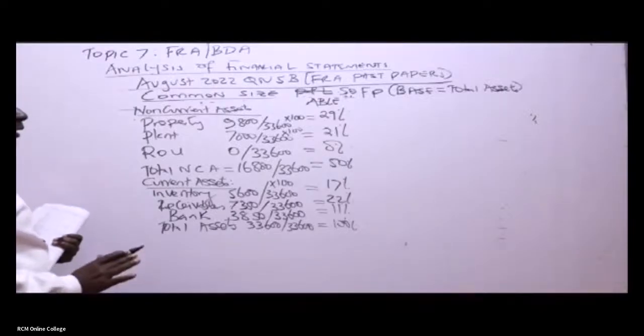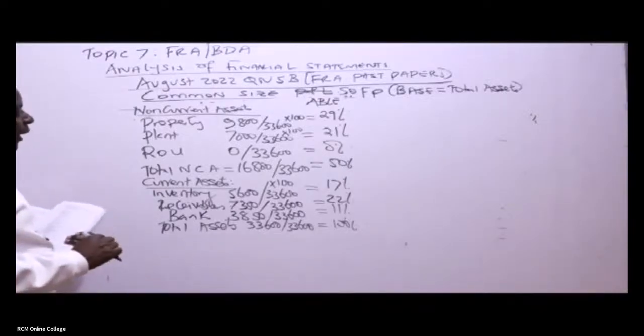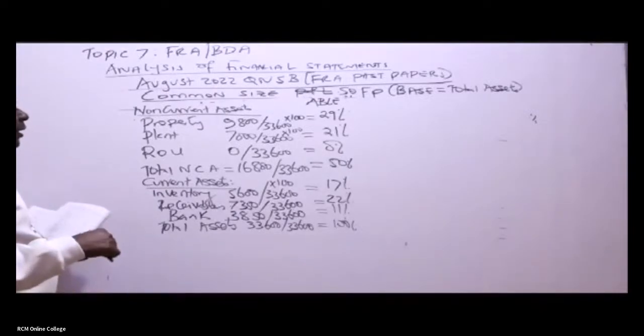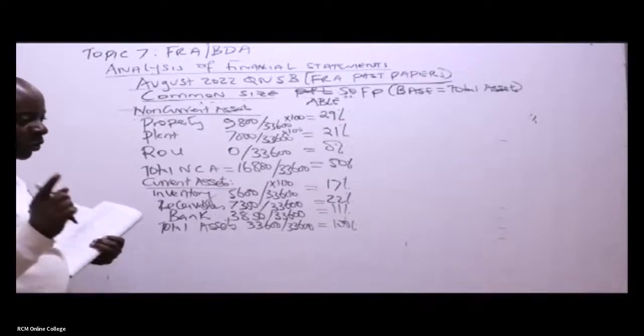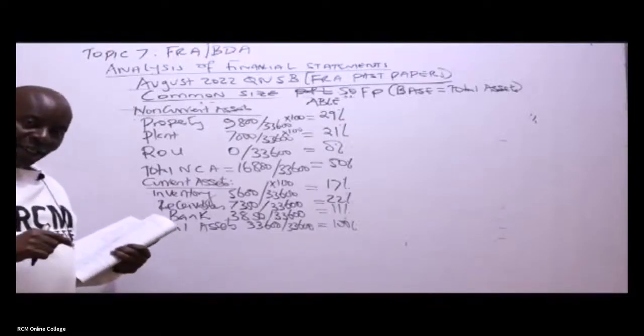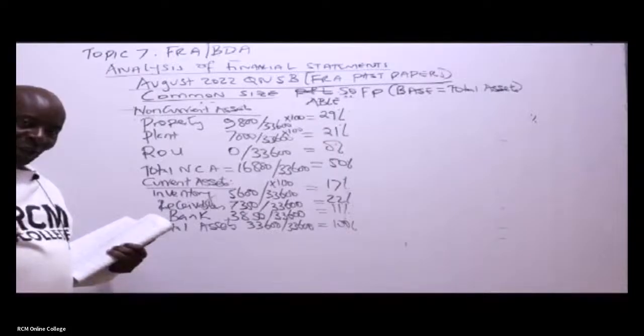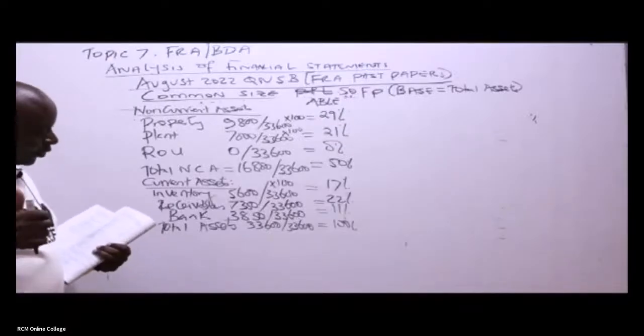Now from there, we look at the financing section, the equity and liabilities. But first of all, I want to know whether up to here, especially for the FRA students, are we together? Great. Thank you so much.